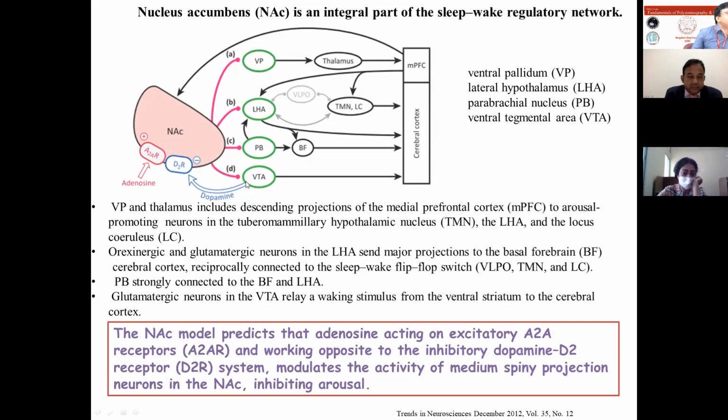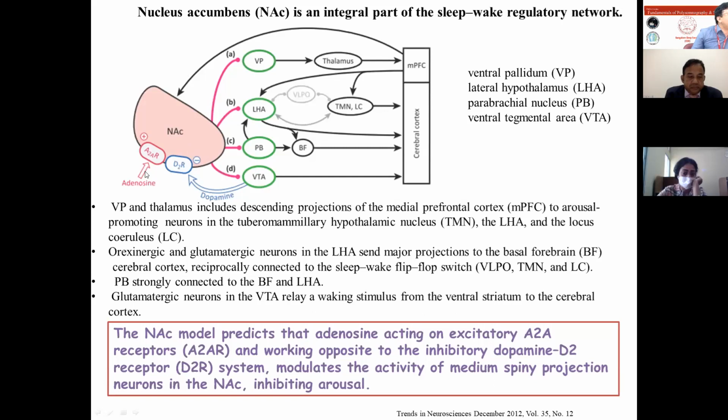All these are involved in wake-promoting activity. Especially, you can see that the lateral hypothalamus is connected to the sleep circuitry which I showed you earlier, where we have VLPO, locus coeruleus and TMN nucleus and all, right?